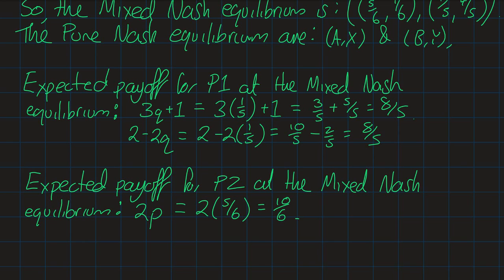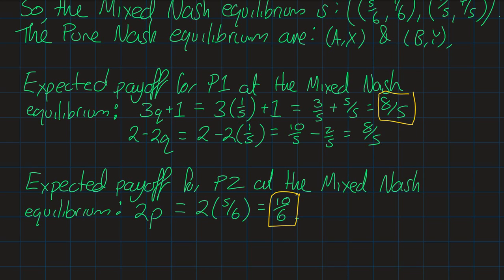So at the mixed Nash equilibrium, player 1 expects to win 8/5 on average, and player 2 expects to win 10/6 on average. So who's doing better at the Nash equilibrium?